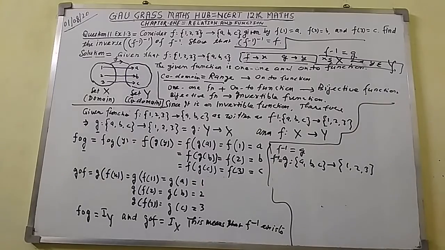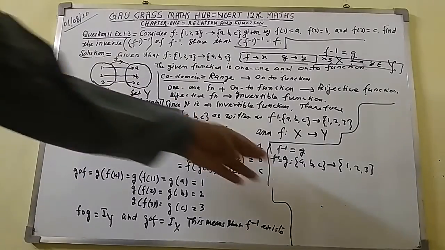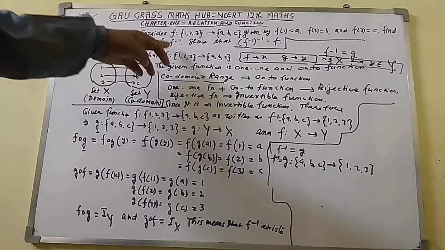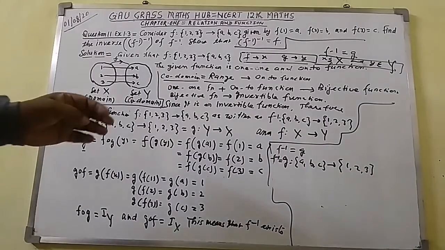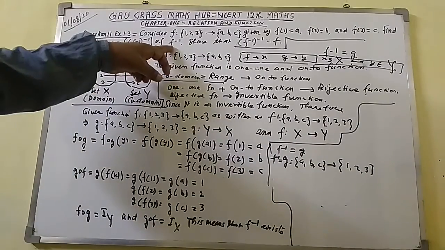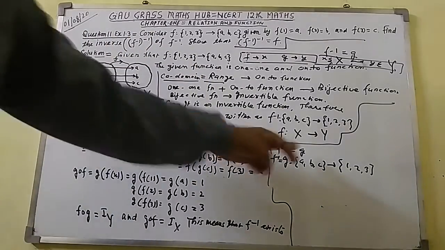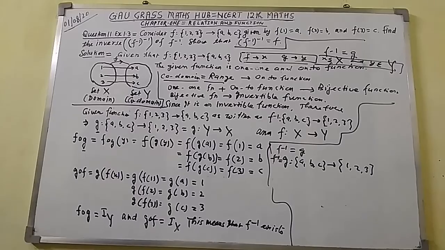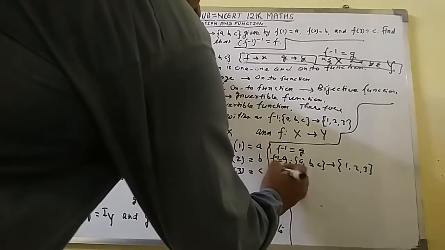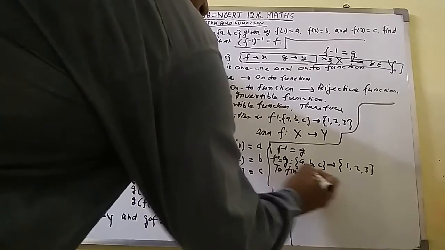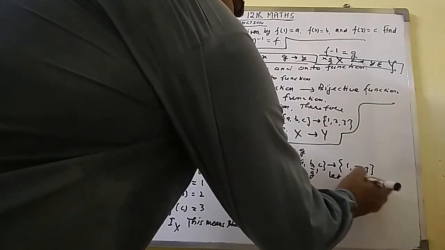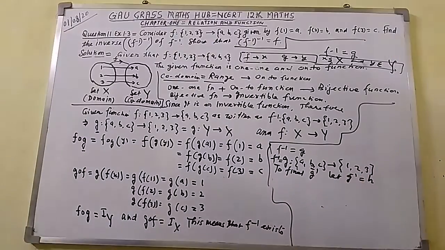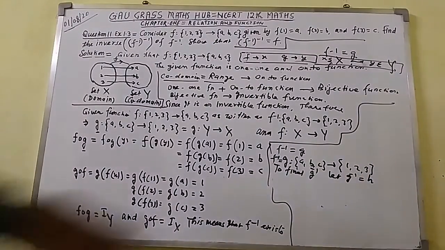Now you have to get the inverse of G. So the inverse of F inverse means the inverse of G, because F inverse equals G. So now you have to find G inverse. Let G inverse equal H.